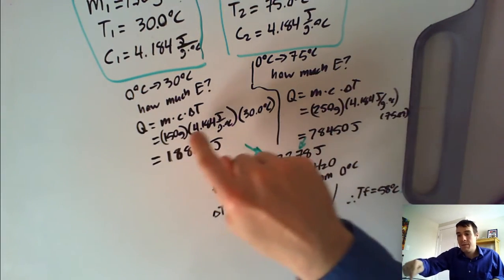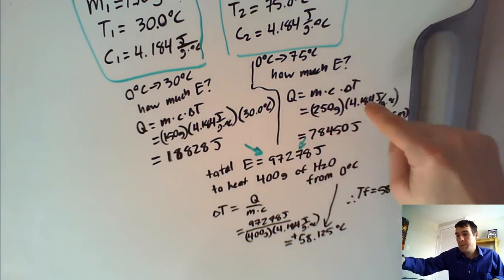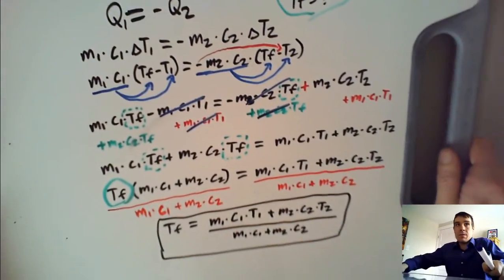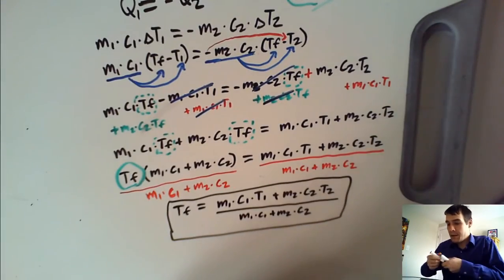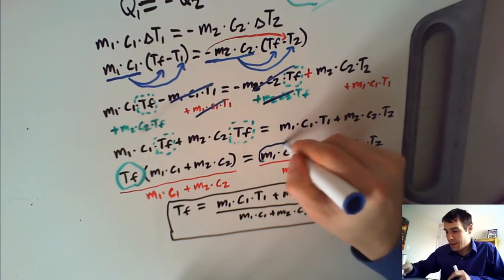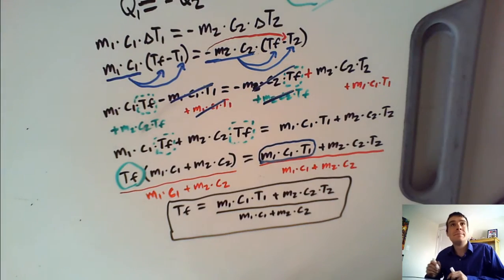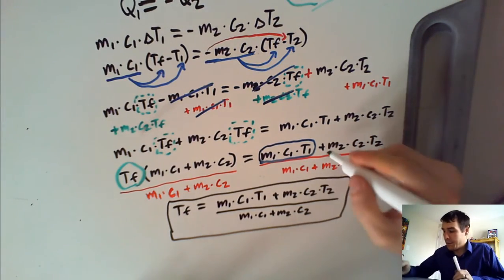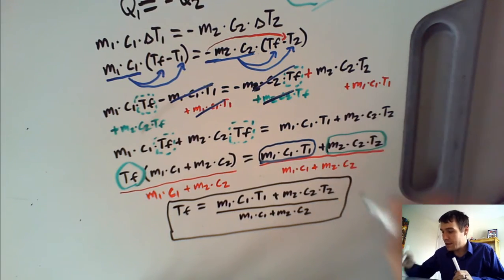So, 150 times 4.14 times 30, 250 times 4.14 times 75. Well, guess what's over here? Over here we have m1 times c1 times t1. Excuse me. And over here we have m2 times c2 times t2.